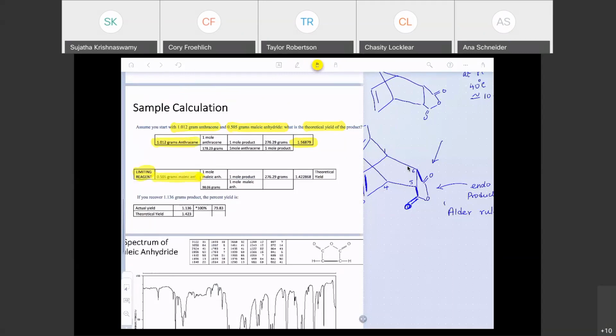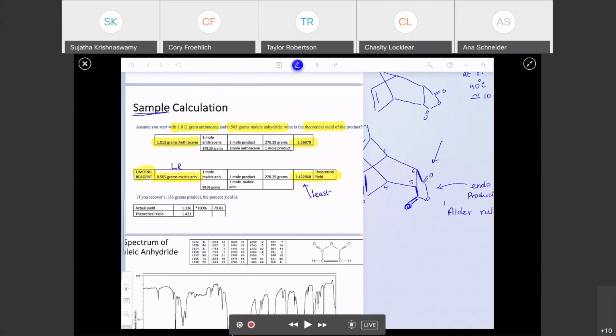Then you have to start with the amount of maleic anhydride given and get the amount of the product that's formed. The one with the least theoretical yield, the corresponding chemical will be your limiting reactant. In my calculation, it turns out to be maleic anhydride. This is a sample calculation, so you will be doing it with the numbers that you're given.